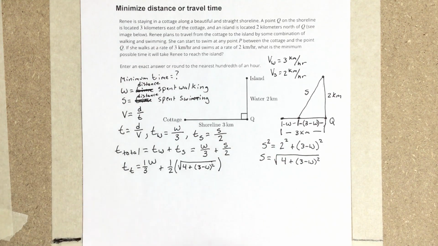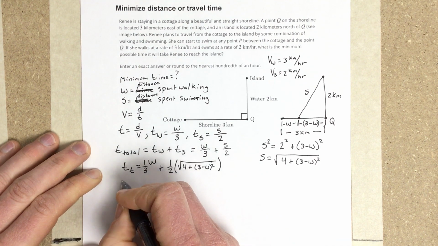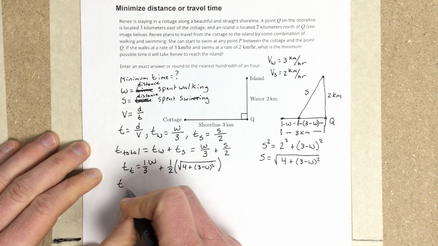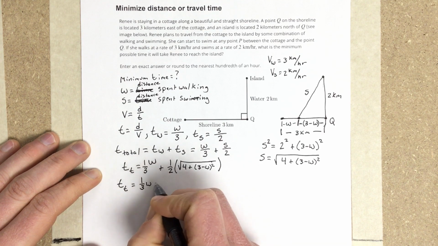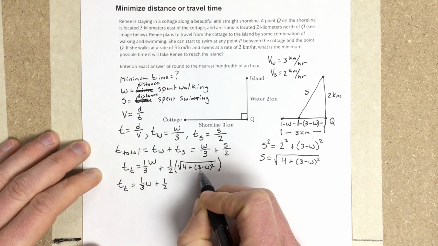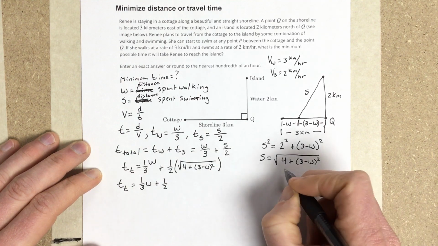Now let's go ahead and simplify that just a little bit so we can find the derivative easily. So we're going to say that the time total is going to equal 1/3 w plus 1/2. If I distribute the (3 minus w) squared, I'm going to go ahead and do that here.